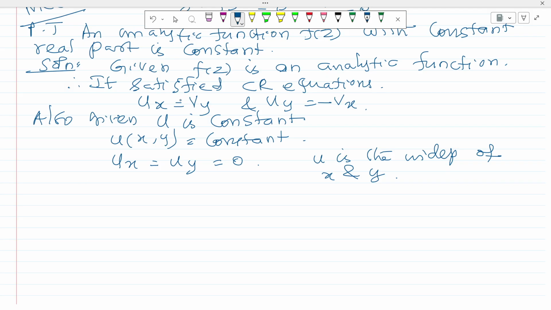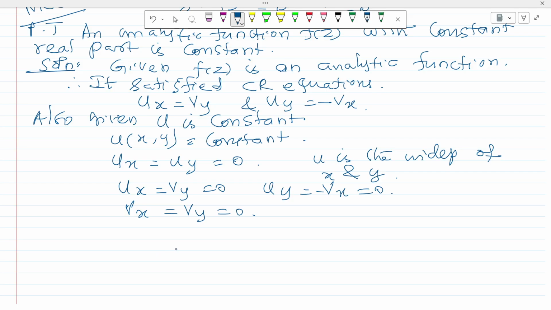But it satisfies the CR equation. Ux equal to Vy equal to 0. Uy equal to minus Vx equal to 0. Is it not? Therefore, Vx, Vy also equal to 0.